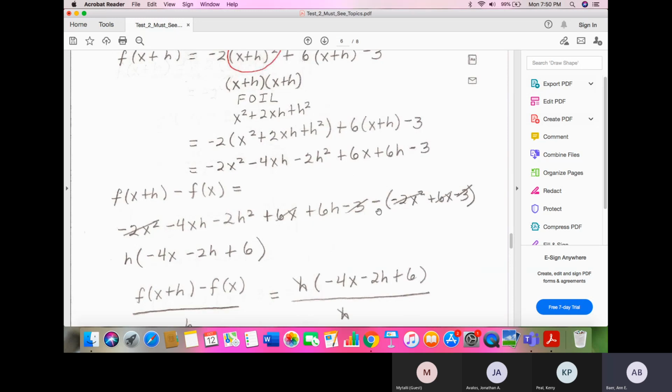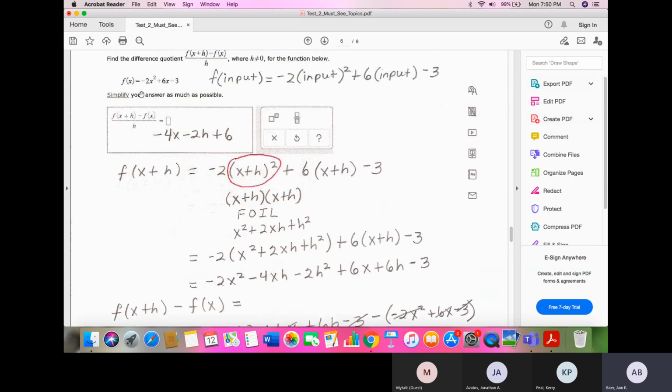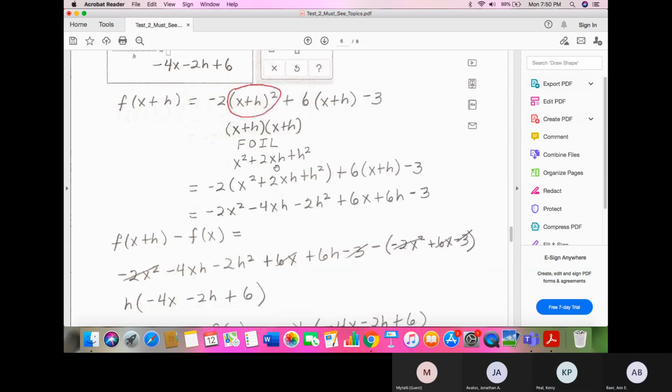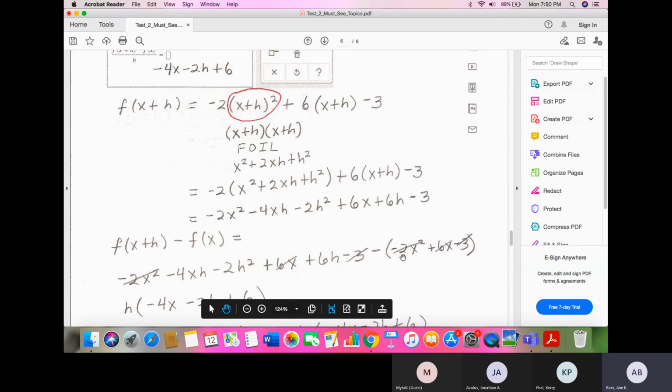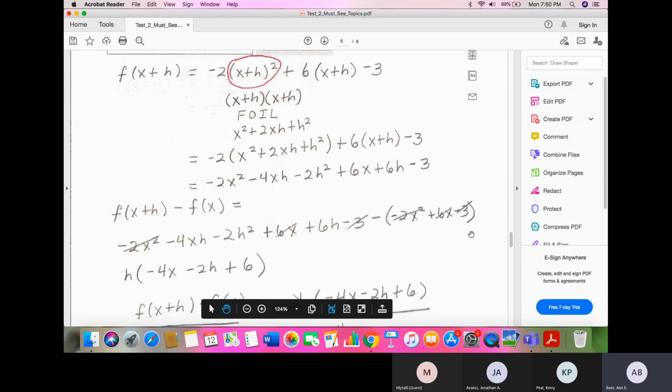Minus here, f of x, and we want to make sure we're putting f of x in parentheses because it has more than one term. Luckily, we've got it stated for us. That's -2x squared plus 6x minus 3. So I put that in parentheses, -2x squared plus 6x minus 3.